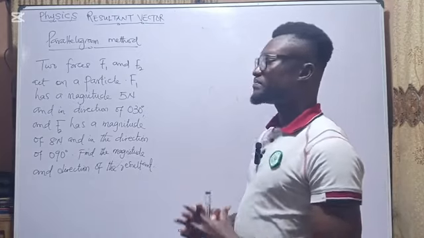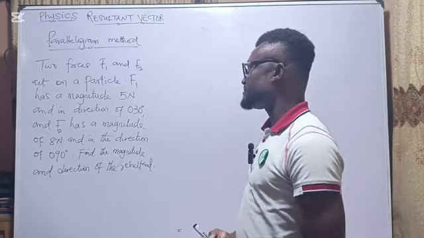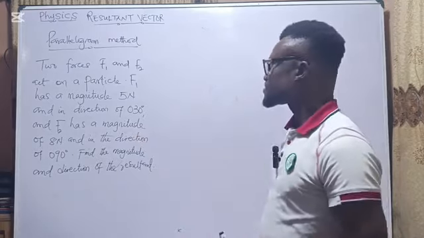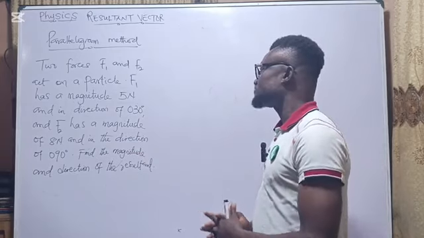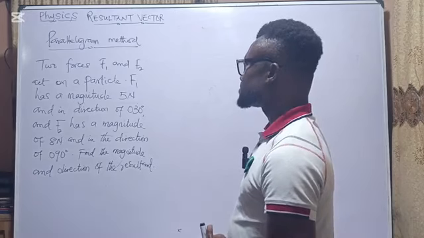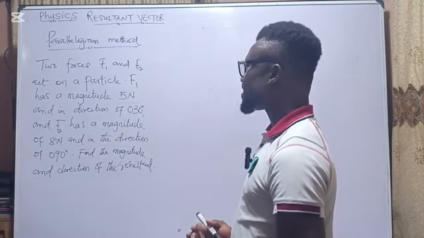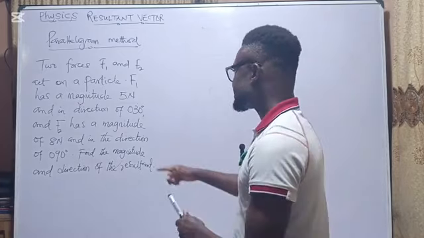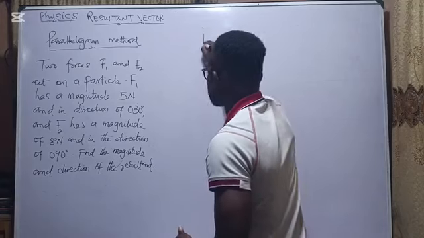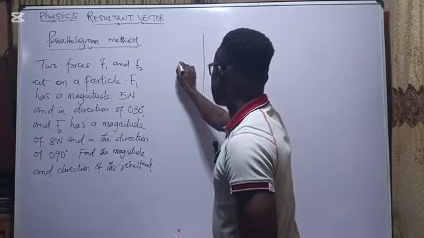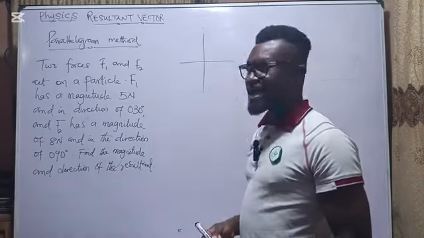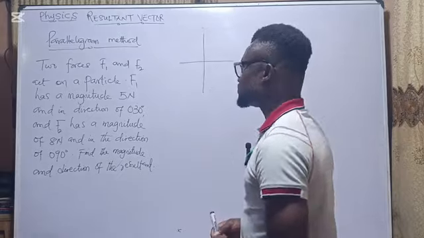Now, in order to simplify this using the parallelogram method, we have to represent the forces first. Two forces F1 and F2 act on a particle. F1 has a magnitude of 5 Newton in the direction of 30 degrees. Then for 30 degrees, we have this, with the X and Y axes as components.